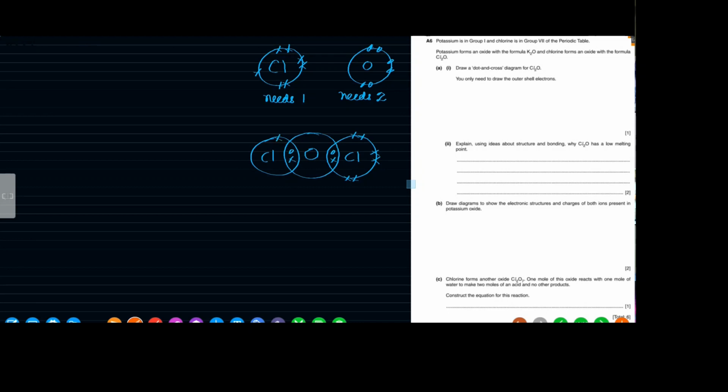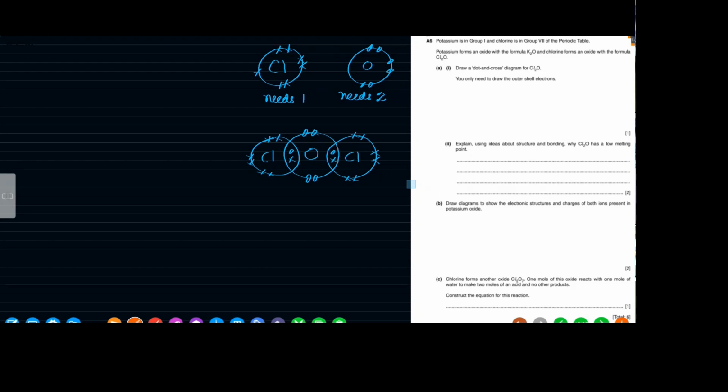And don't forget to put the rest of the electrons of these atoms. Oxygen also had 6 electrons, so we have to put the rest of the 4 electrons. So this is your chlorine, Cl2O molecule.